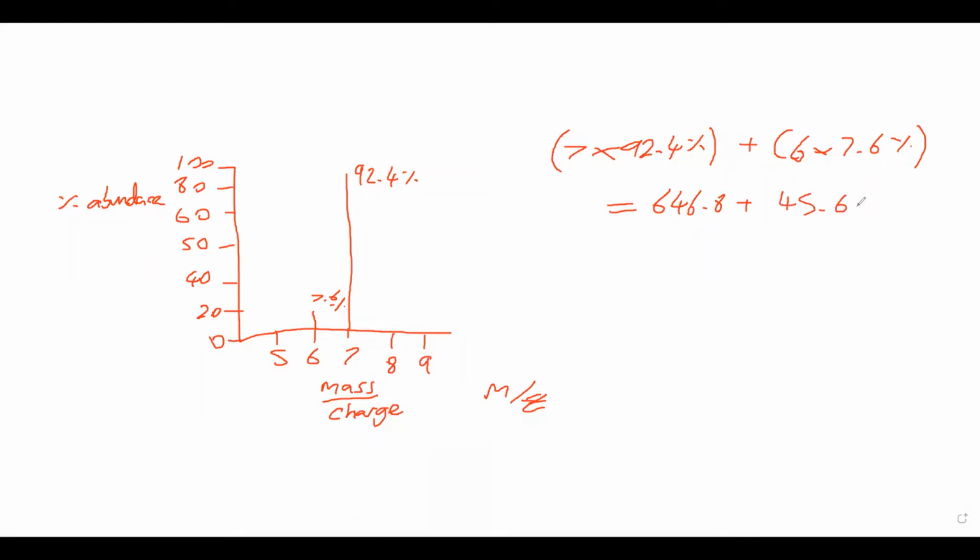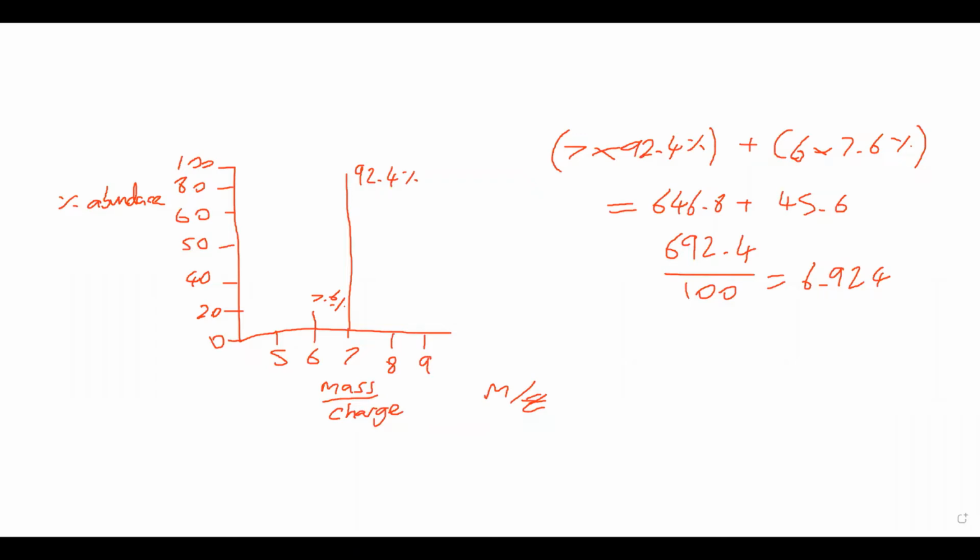So if we add those together and then we make sure that we divide by 100, we're going to get 692.4, but we need to divide that by 100. So we are going to get a mass out for our lithium of 6.924. So again, this is our weighted mean mass, taking into account the relative abundances of our isotopes.